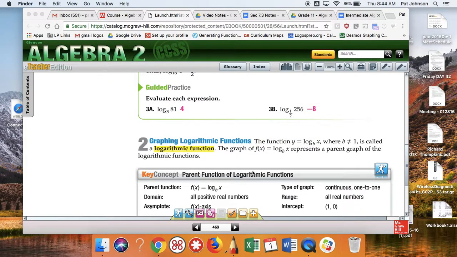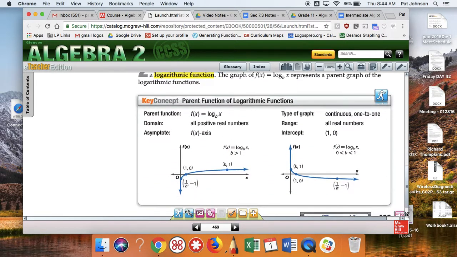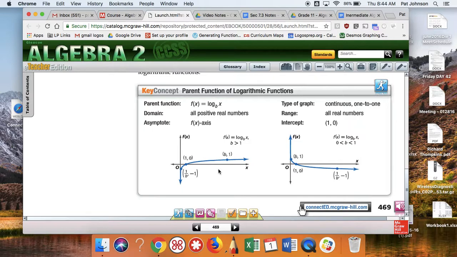So let's look at just the basic parent function. So f of x equals log base b of x is your parent function. All right? Do you see it kind of mimics exponential where it's got two. Exponential, we had growth and decay. So we have similar things going on here. So the domain for both of these, the parent function, is all real numbers.